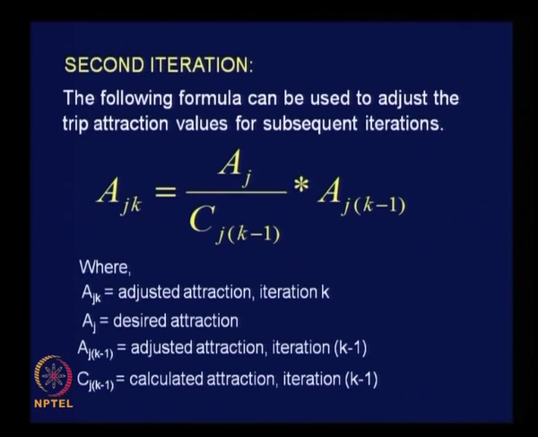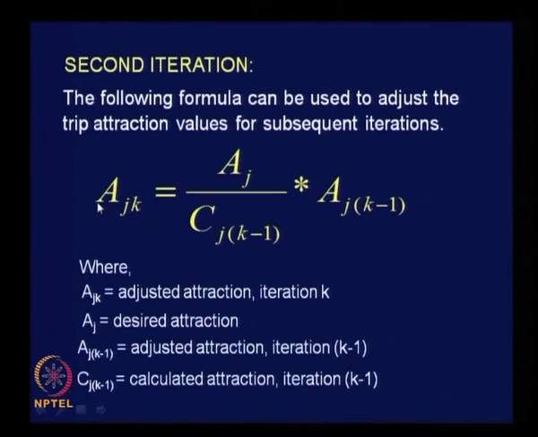That is what we do. When we have a smaller value in the denominator corresponding to the observed value and multiply that by the trip attraction value that you have given as input for that particular iteration, for the subsequent iteration you are going to get a value higher than the value used for the previous iteration. So Ajk will definitely be higher than Cj(k-1).